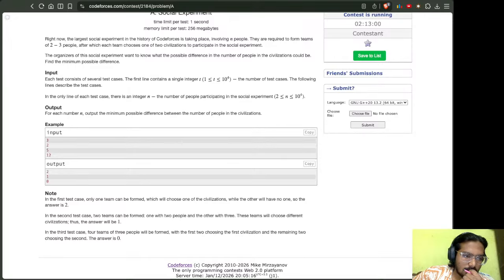Okay, in the first test case, only one team can be formed, and you choose one of the civilizations.